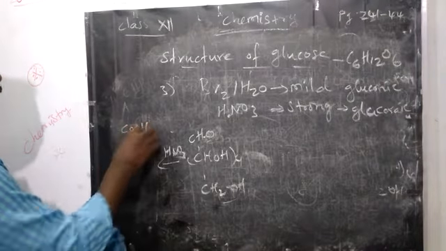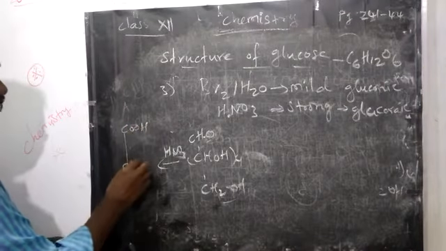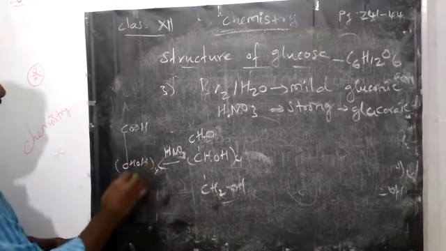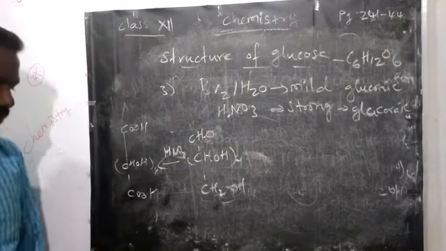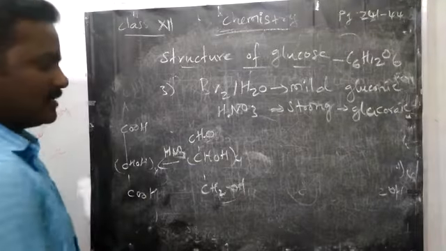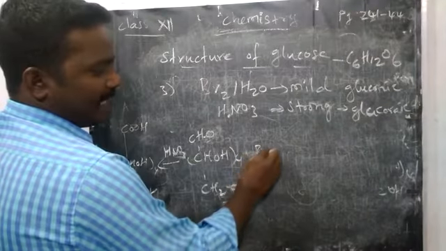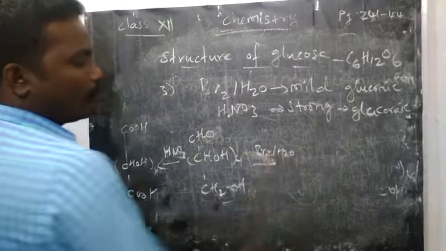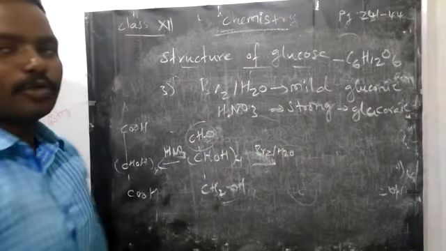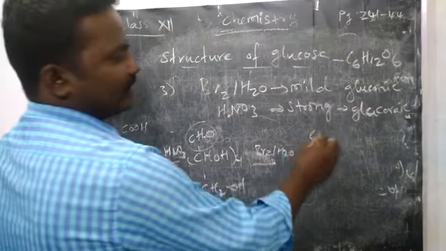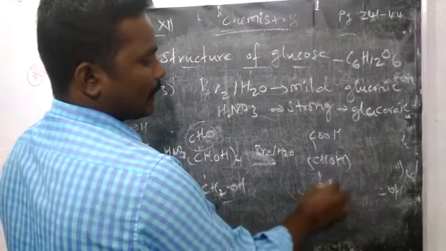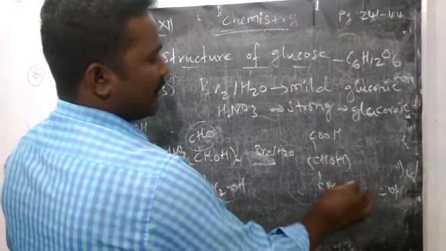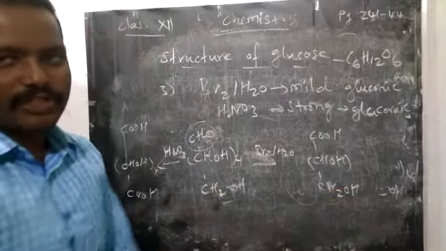So it will give glucaric acid, CHOH four times with COOH on both ends. This is called glucaric acid, also called saccharic acid. If you use the mild oxidizing agent bromine, only the aldehyde group will undergo oxidation and give gluconic acid. The primary alcohol will not undergo any oxidation.